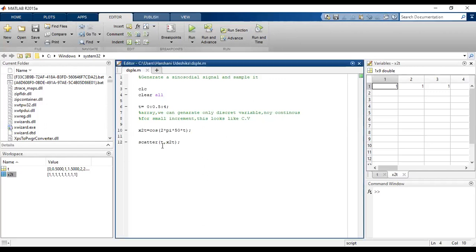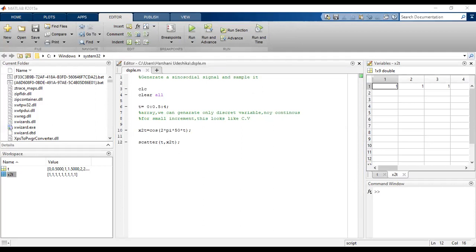So scatter plot, if you use scatter, then you can see that the corresponding amplitude level is marked here. To draw the signal, you need to join these points. That is how we normally draw a graph.